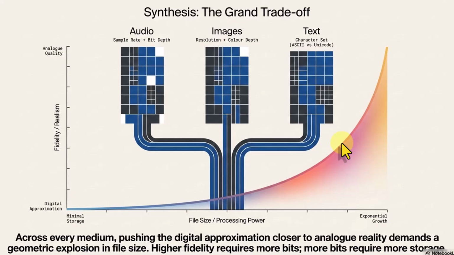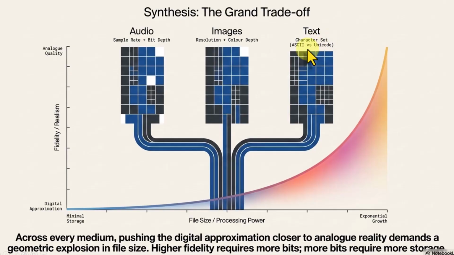Okay, and the grand trade-off. In audio, we know sample rate and bit depth create the quality. Increasing them will increase the file size, decreasing them will decrease the file size. In images, resolution and color depth are effective on the quality of the image, and they will increase the file size, and if we decrease them, the file size will decrease. And for characters as well, we have character sets.